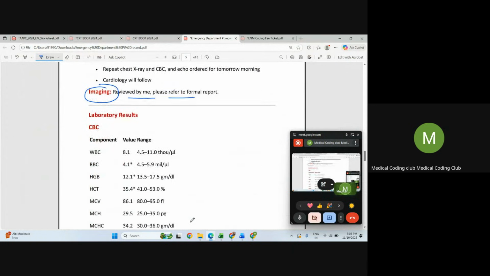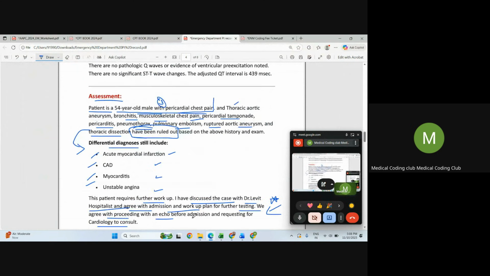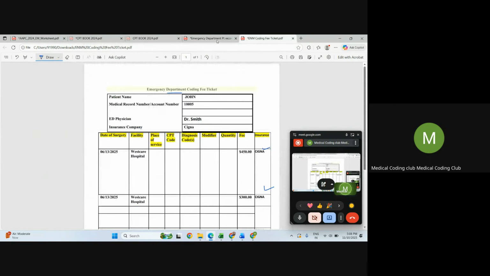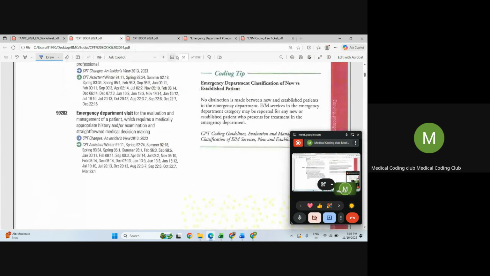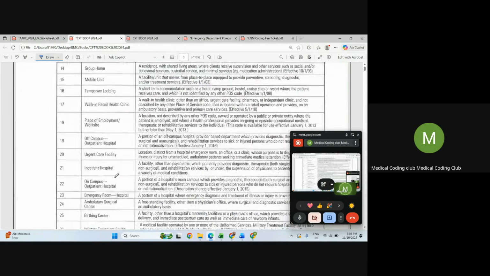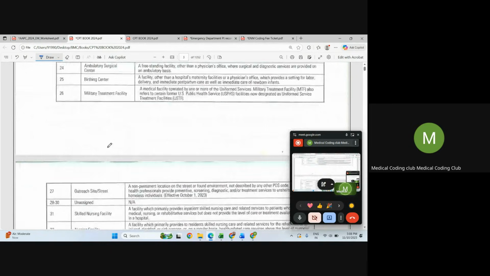Okay, so easy. So you got to know what is the E/M. Let me enter that code first. What will be the place of service? It would be 23. For your reference, go back to page number 3 and check for emergency room.